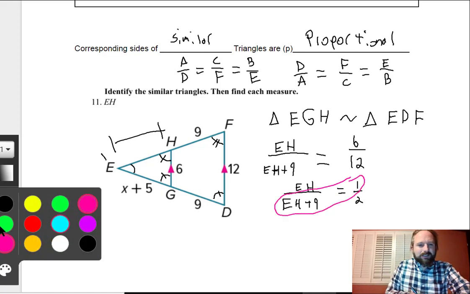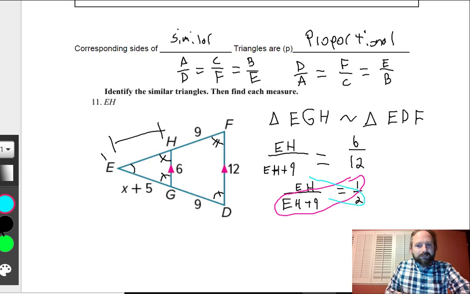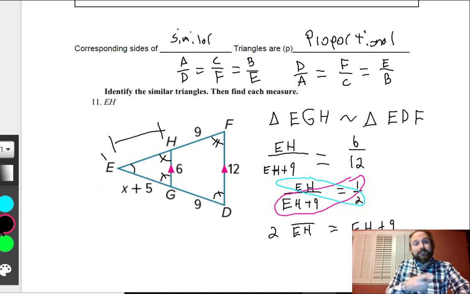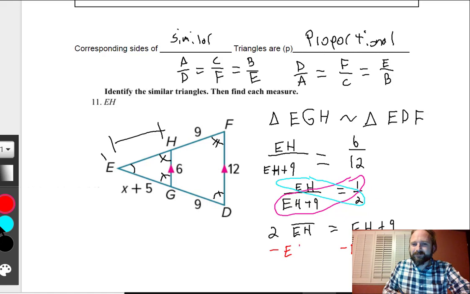I don't really like it as much, but if you have to use it, you have to use it. So I'm going to get 2EH is equal to EH plus 9. All right, I'm going to move all the EH's to one side, so I'm going to subtract EH. What's 2 EH's minus 1 EH? It's going to be 1 EH. So EH equals 9, and technically we say 9 units.